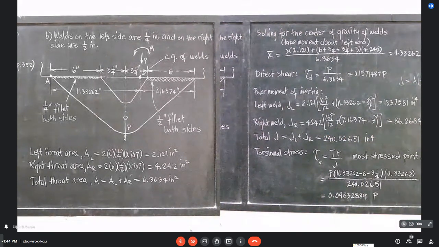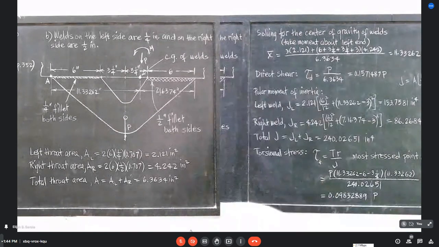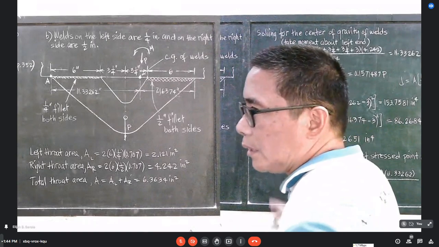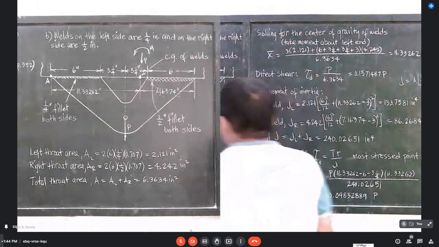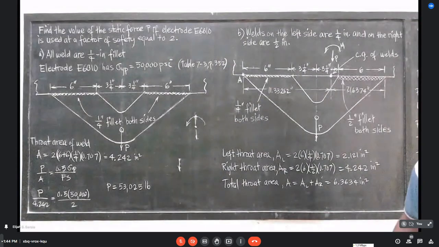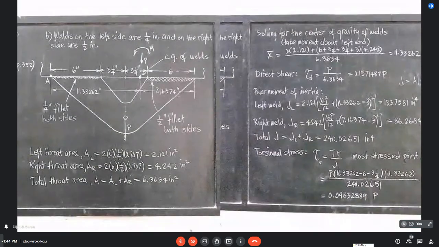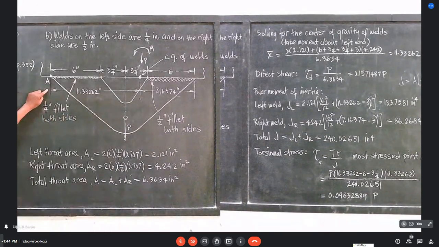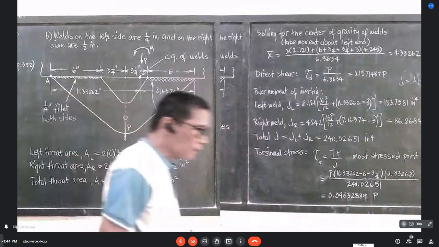Now, the total shear is now the total of the direct shear and the twisting shear. What is the direction of the direct shear at A?